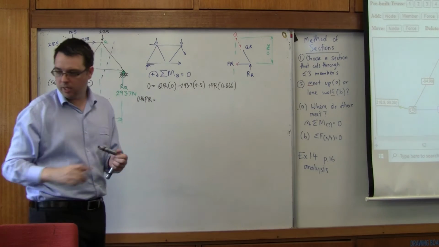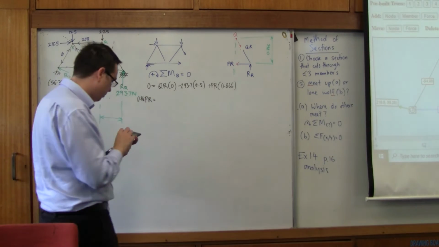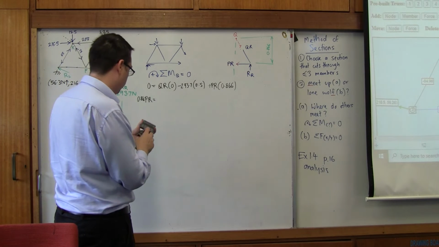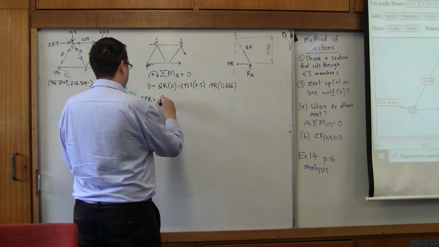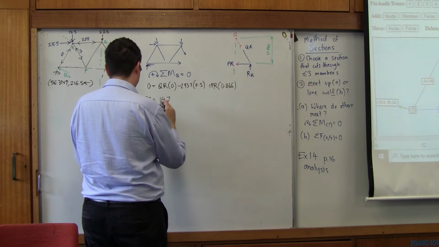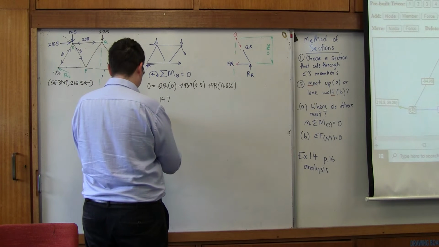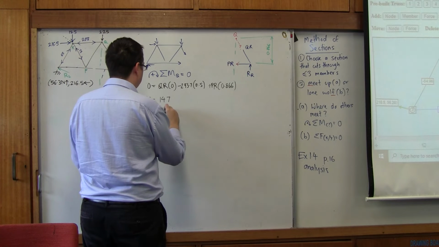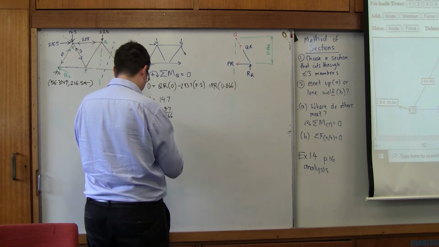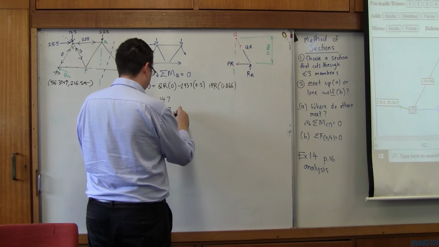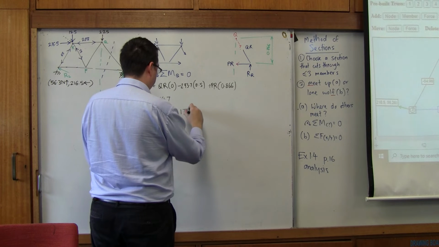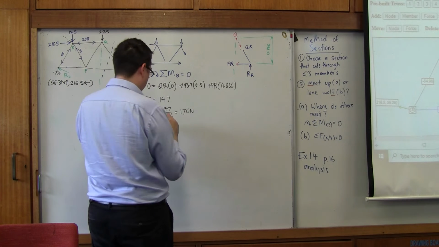I've got to type that in my calculator. 293.7 times 0.5 equals 146.85 or so, with the decimals which I'm going to keep in my calculator, but I'm not going to write on the board. And then I divide both sides by 0.866, which gives 170 newtons.